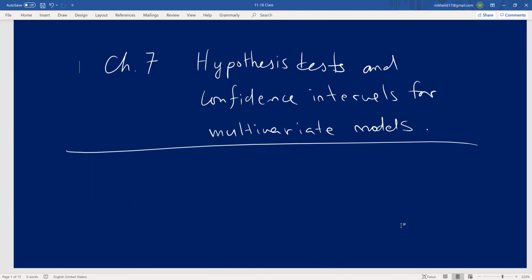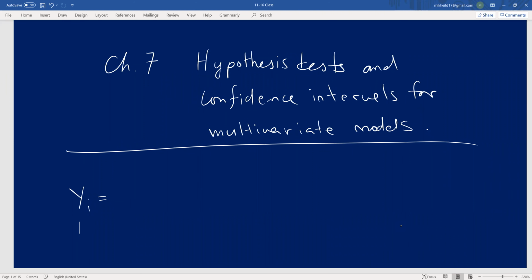Let me start by specifying, or maybe re-specifying, because we already specified the multivariate model before. Let's do it again. So the model is this, right?